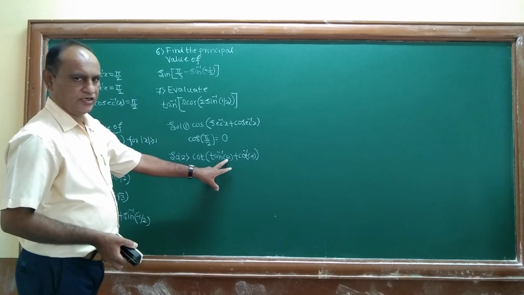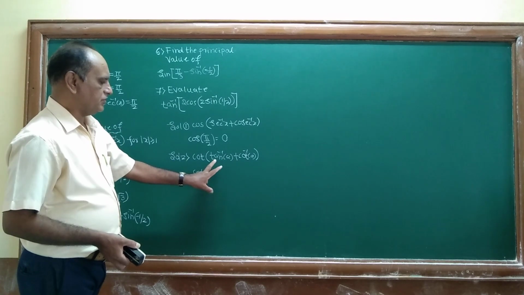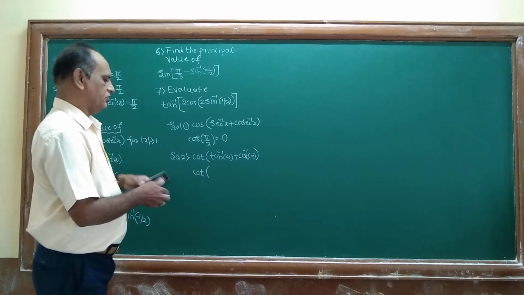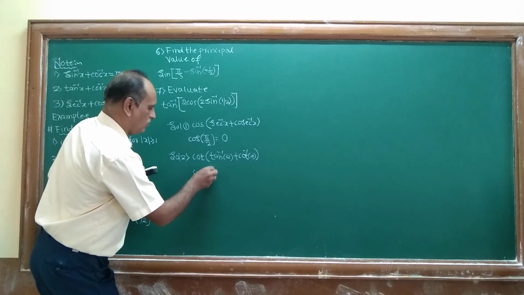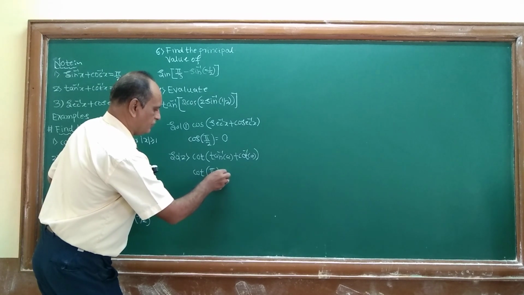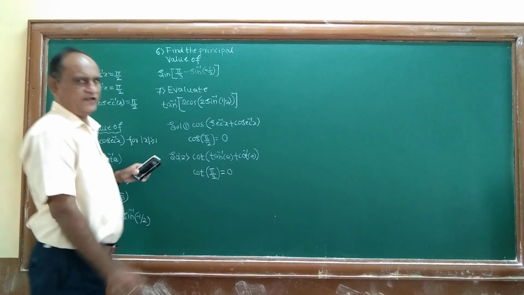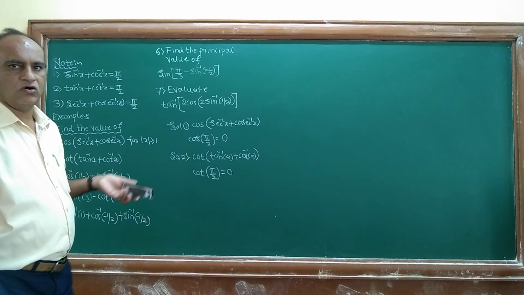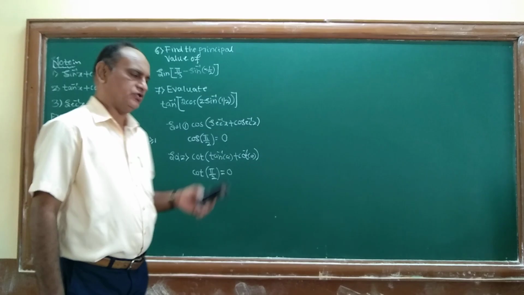So tan inverse a plus cot inverse a you write as pi by 2. So cot of pi by 2 is clearly 0. Tan 90 means infinity, and cot 90 means 0.